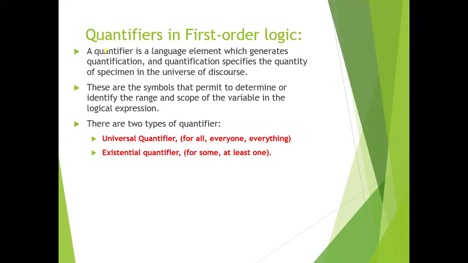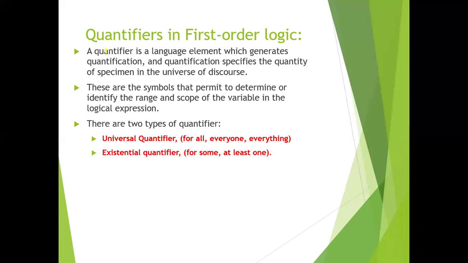We have two types of quantifiers: the universal quantifier and the existential quantifier. The universal quantifier is used for terms like everything, all, for all, where we are considering every item in the universe.